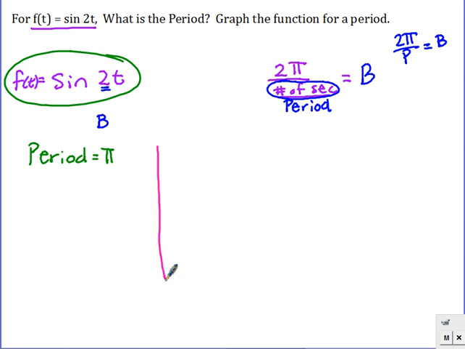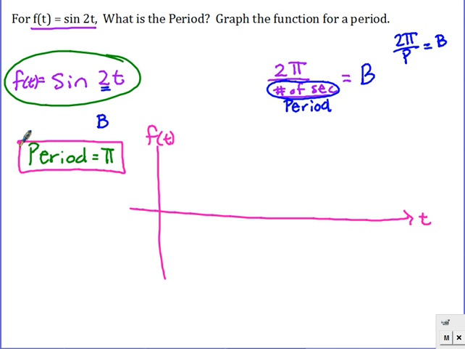Okay, so let's go ahead and put our axes out. This is our, what variable? t, and this is our f of t. Okay, so I need to take my period and chop it into 4 pieces. So if I take pi and divide it into 4 pieces, well, it's pi over 4. So each step of this function needs to be pi over 4 units.